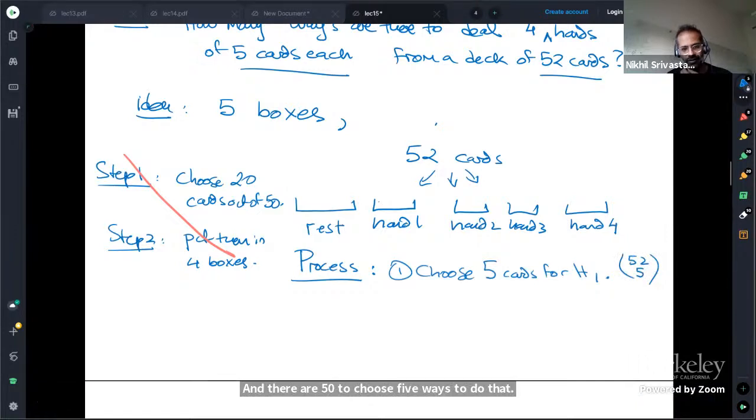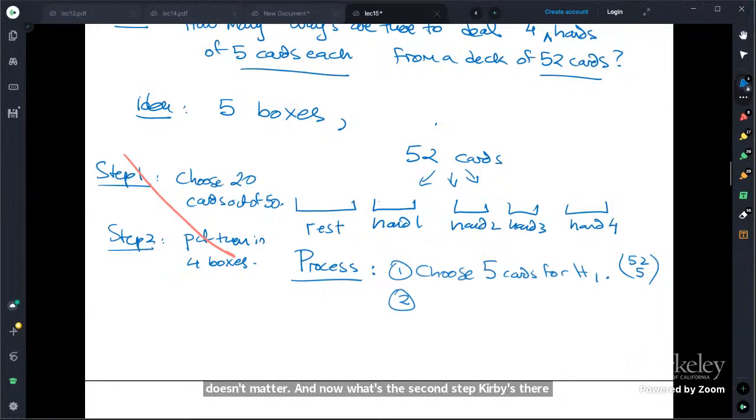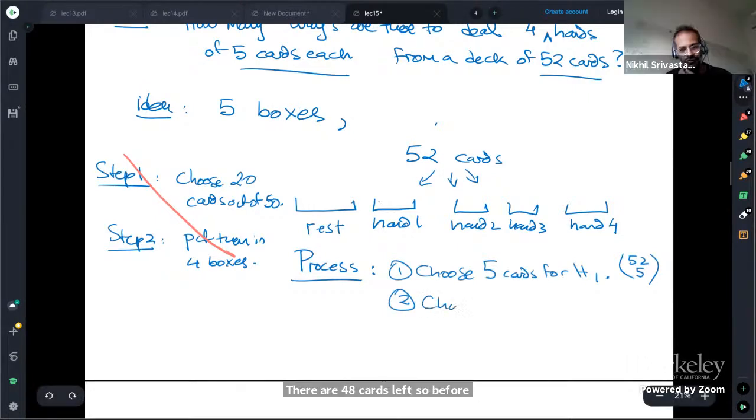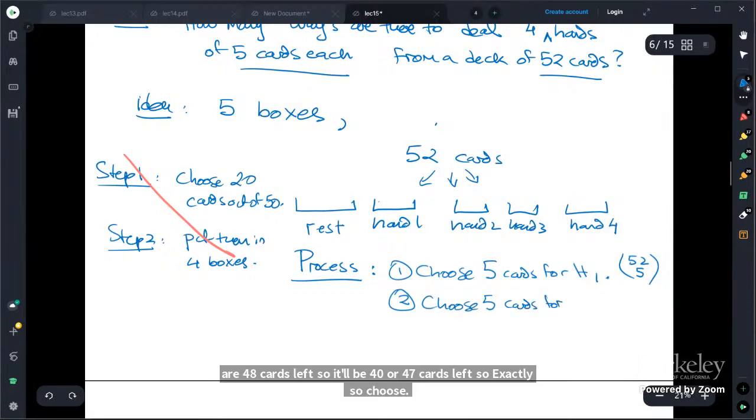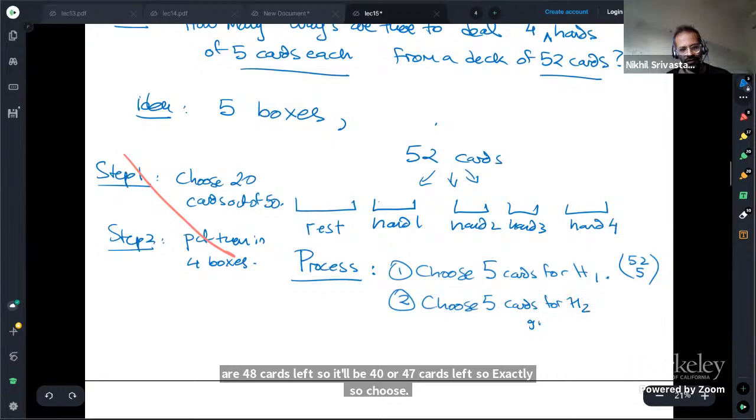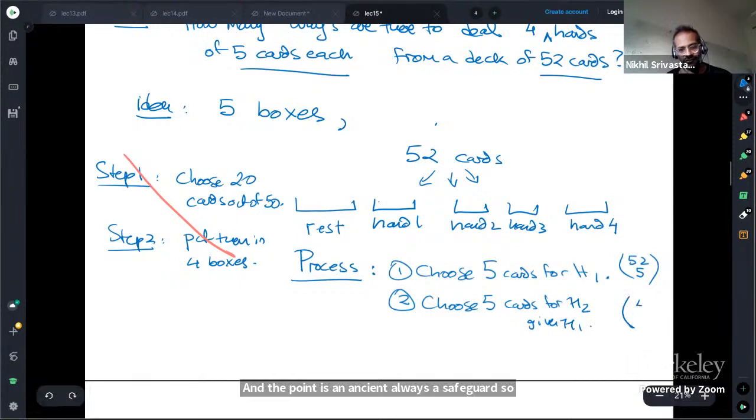Okay, so we're done with the first hand. The order doesn't matter. And now what's the second step going to be? There are 47 cards left. So yeah, exactly. Choose 5 cards for H2 given H1. And the point is that H1 always has 5 cards, so this one is always going to have 52 minus 5, so 47, choose 5 cards.